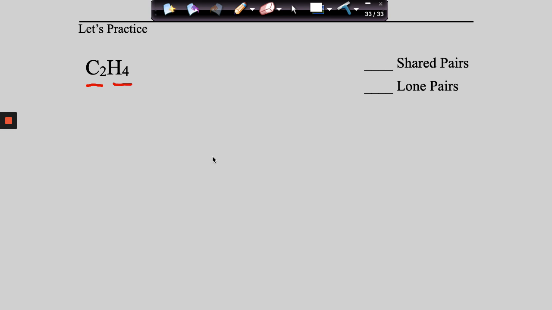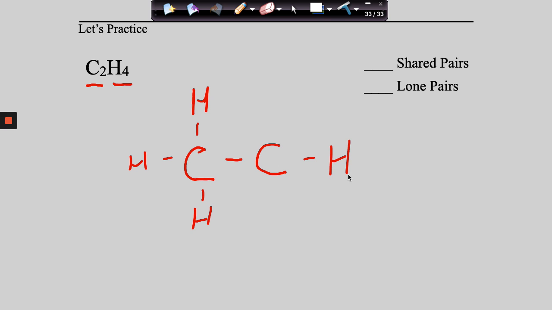So how are we going to do this? Well, the first thing we're going to do is put our carbons on the paper in the middle. Now the hydrogens have got to go around the outside. The hydrogens can't be in the middle. So we could go 1, 2, 3, and then 4 hydrogens. Problem is that's not symmetrical.